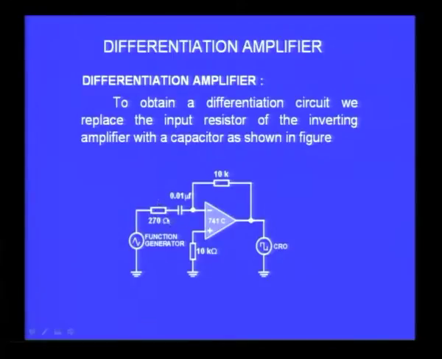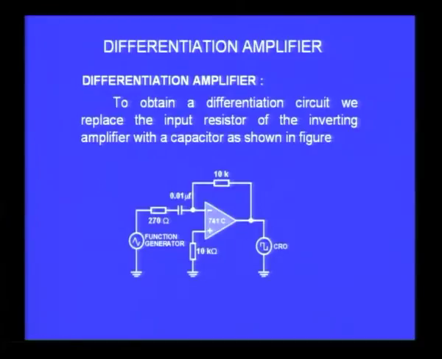Why I have added this 270 ohms at the input is precisely the reason that I already mentioned to you: in a differentiating circuit, the output gain is going to be a function of frequency. Therefore higher frequency components from so many other noise sources can be preferentially amplified, and therefore the output will become buried in noise.